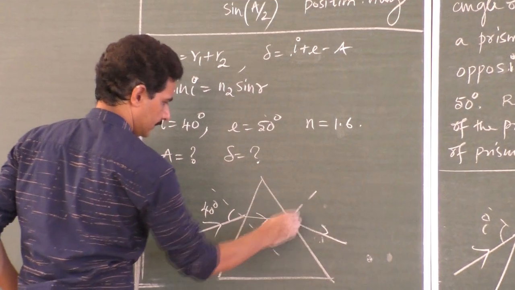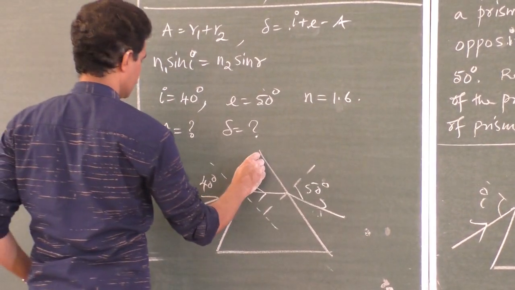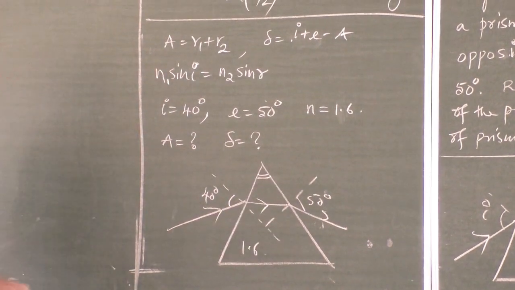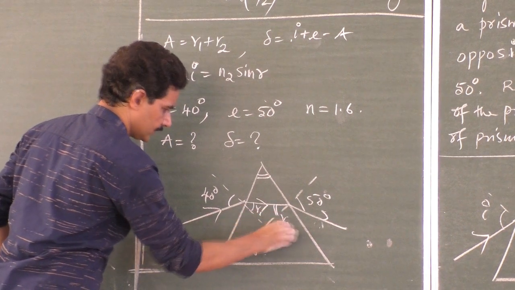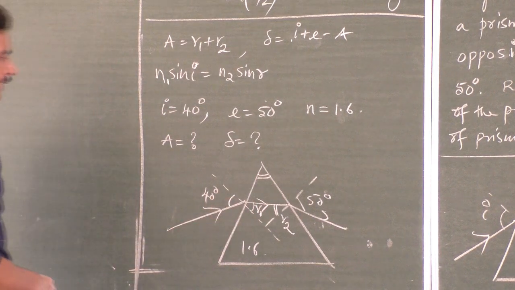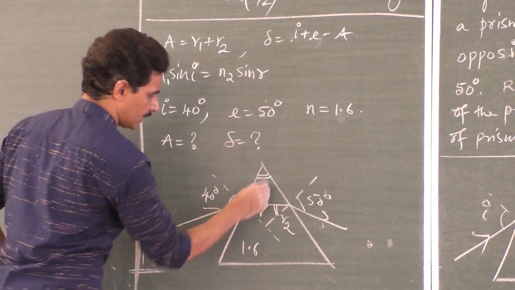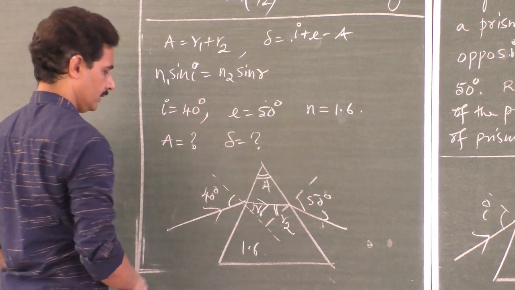This is 50 and this is the question mark, and this is 1.6. And this is R1, this is R2. R1 and R2 are the angles of refraction. Now, the angle of the prism is a question mark. Unless you get R1 and R2, you can't calculate A. So you should get these and then A.